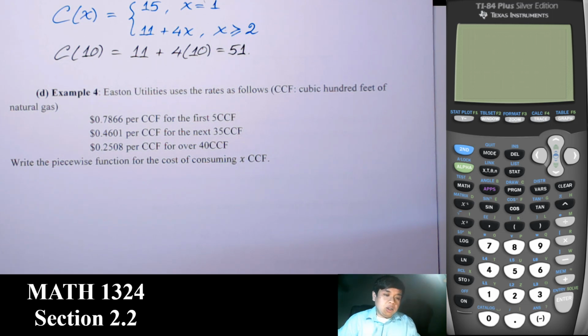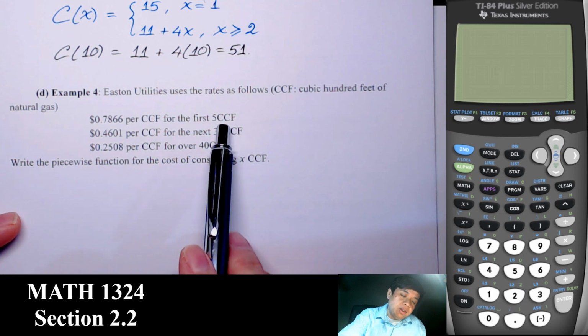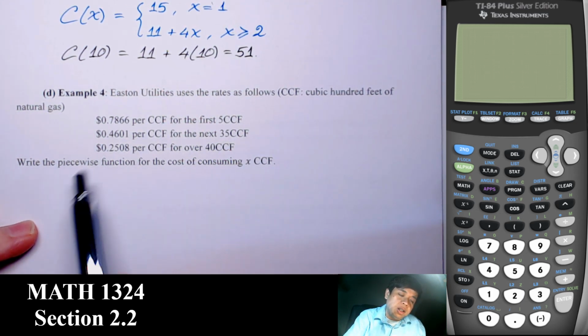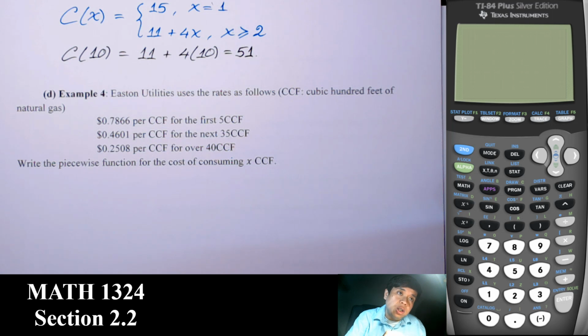Next, the utilities rate is as follows. For the first 5, it's going to cost that much per CCF, equivalent to 100 cubic feet of natural gas. So we say it for the first 5.